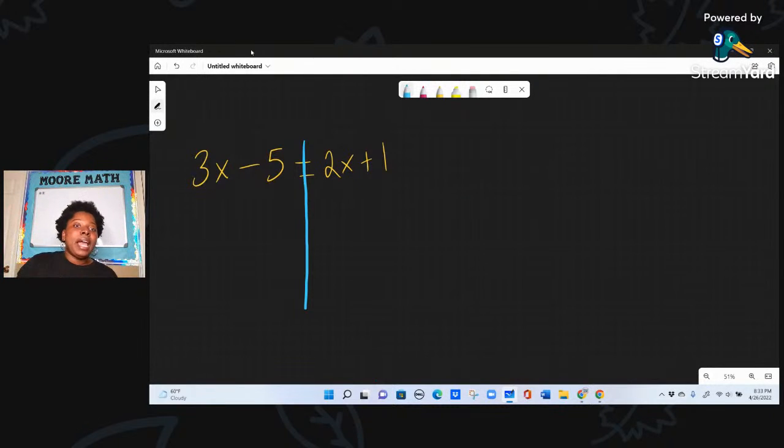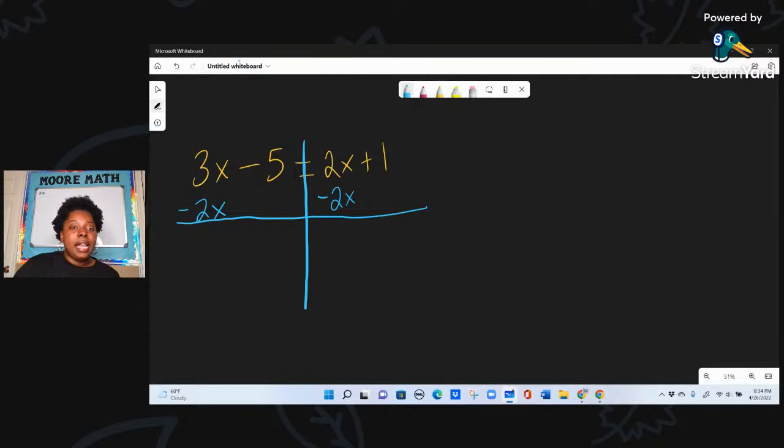So let's take care of the x first. I like to choose between the bigger x and the smaller x. I'm going to move the smaller x just because it's easier, so I don't have to deal with any negative x's. To get rid of this positive 2x, I'm going to do the opposite, minus 2x.